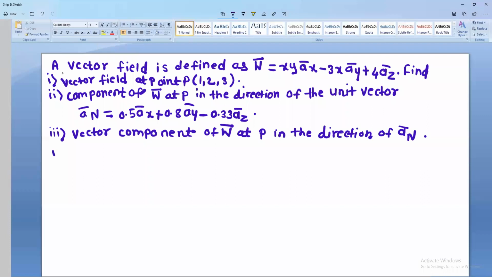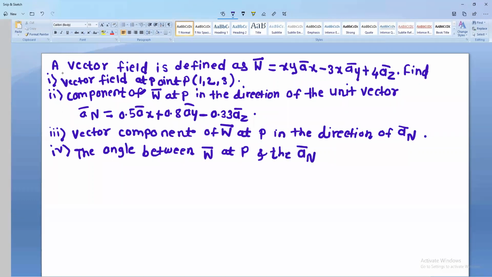And fourth, the angle between W bar at P and the A bar n. Okay. Write down the example first.